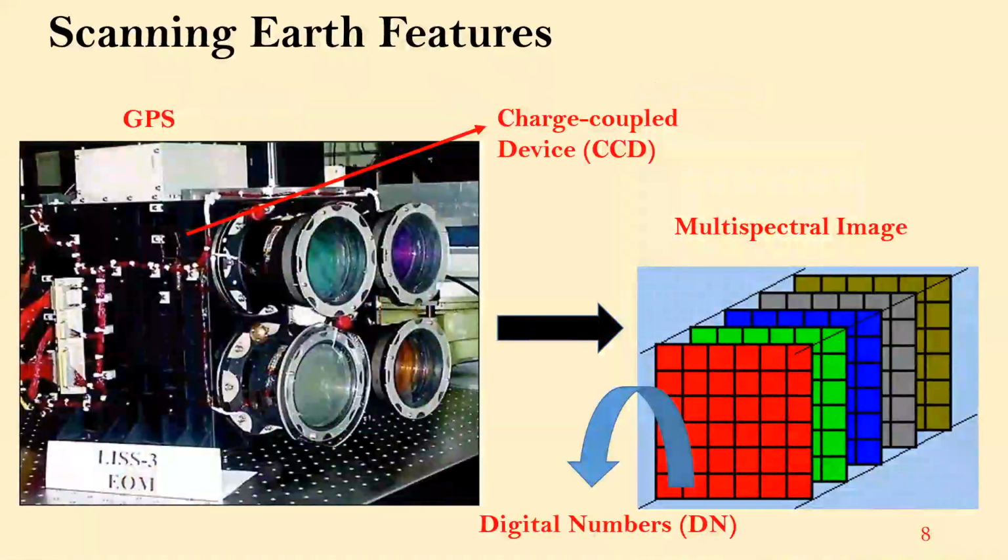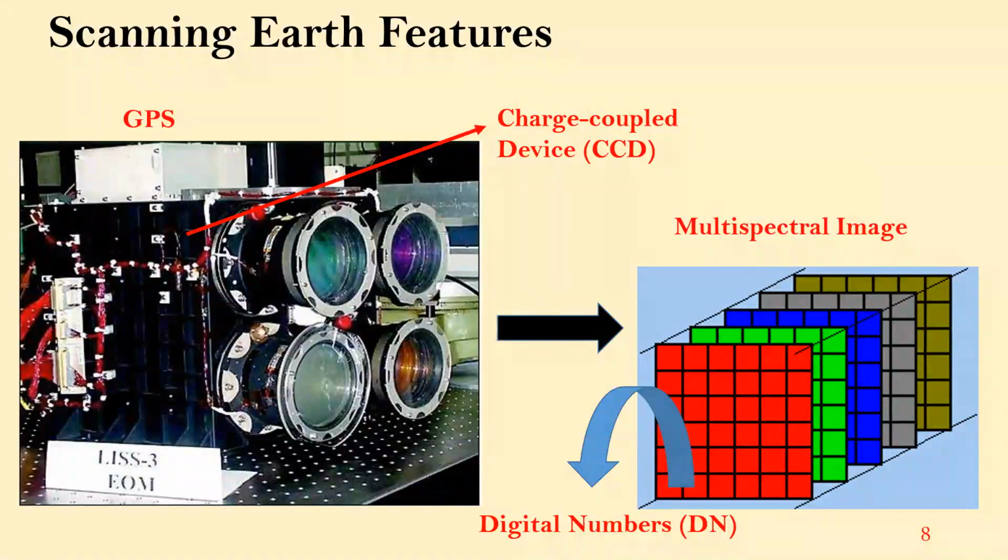How is this energy, or the reflectance, captured by the remote sensor? For example, what you are seeing here is a linear imaging self scanner developed by the Indian Space Research Organization, which has charge coupled devices that are sensitive to particular wavelengths.